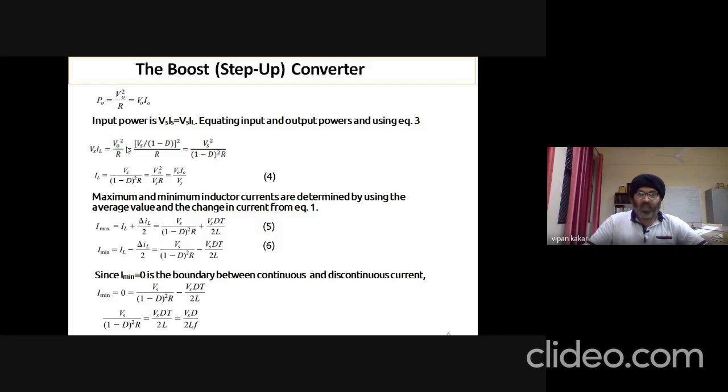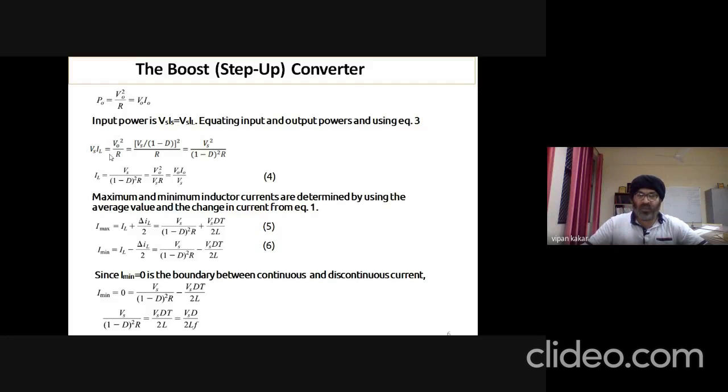Equating input and output power: the input power is the supply voltage, which is the input voltage, multiplied by the current, and it is equal to the output power, which is the DC or average output voltage squared divided by the load. I already discussed this input and output power in the first lectures.